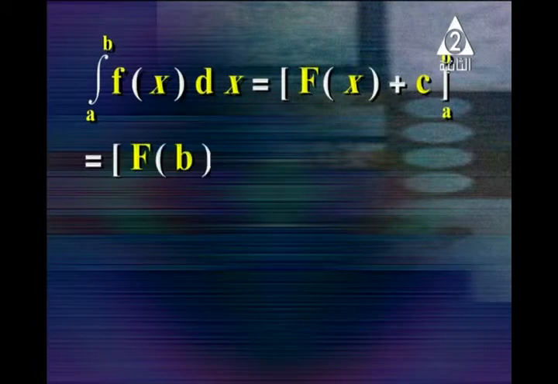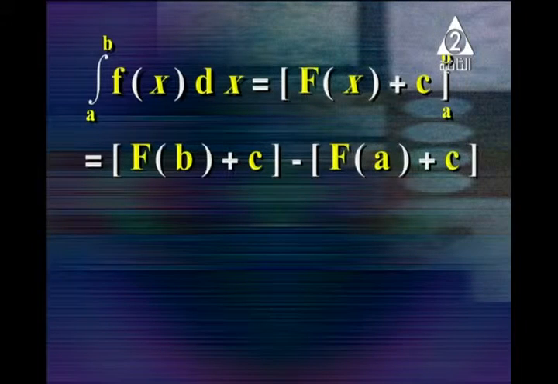Note that, dear student, we disregard the constant, because look: the integration of f(x) with respect to dx from a to b equals F(x) plus c from a to b. After we find the integration of f(x) dx as the function F(x) plus c, where c is the constant of integration, we substitute x equal to b in the first term, and x equal to a in the second.